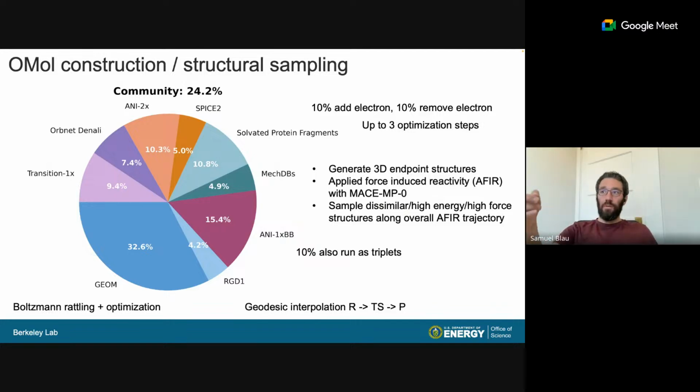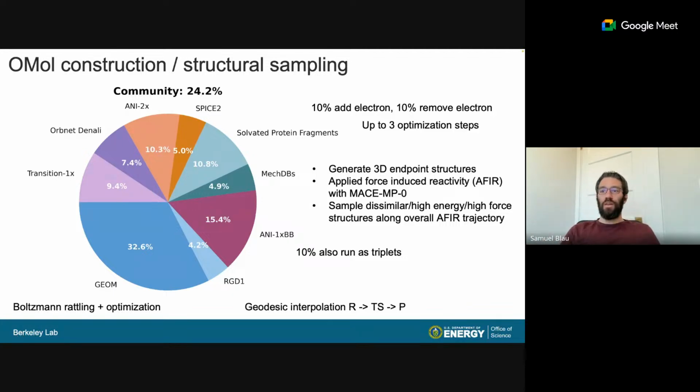Yeah, so here, since the community slice of the data set is 24%, I would say 76% is completely new. But even here, there are only 4 slices of this pie, Transition1x, ORBNet Denali, ANI-2x, and SPICE 2, where all we did was exactly recompute the previous structures.